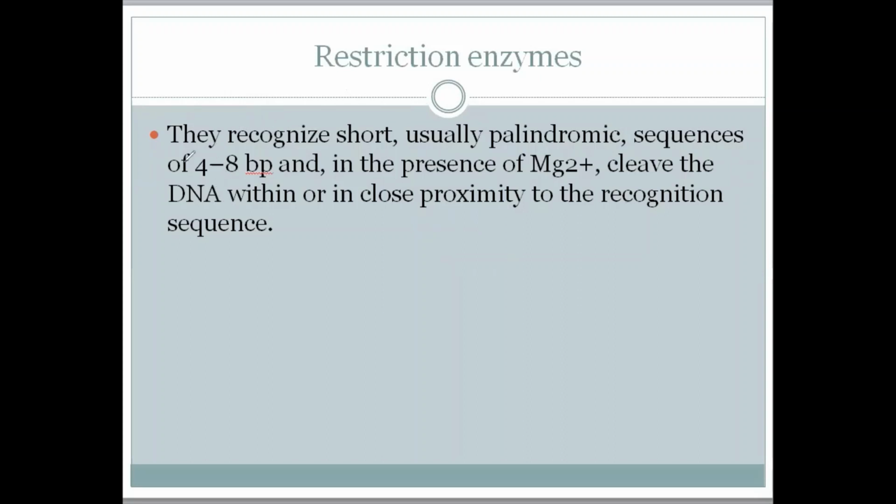So let's just revise the basics one. So what is a restriction enzyme? It is an endonuclease that recognizes short sequences which are palindromic. Palindromic means they are the mirror images, okay, of 4 to 8 base pairs, and in the presence of magnesium, they cleave the DNA.